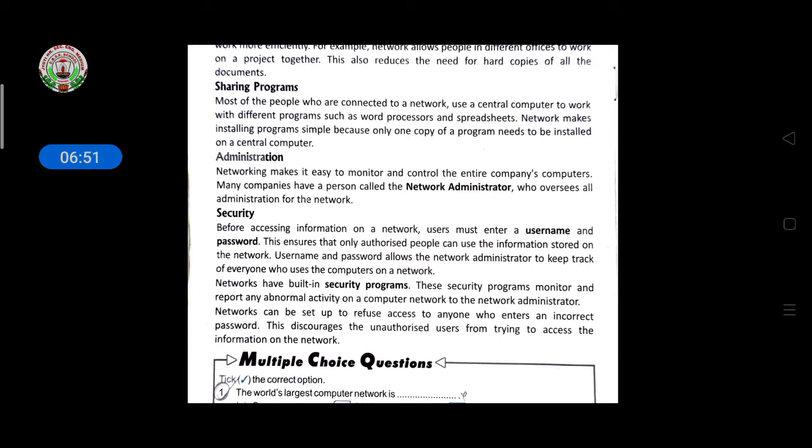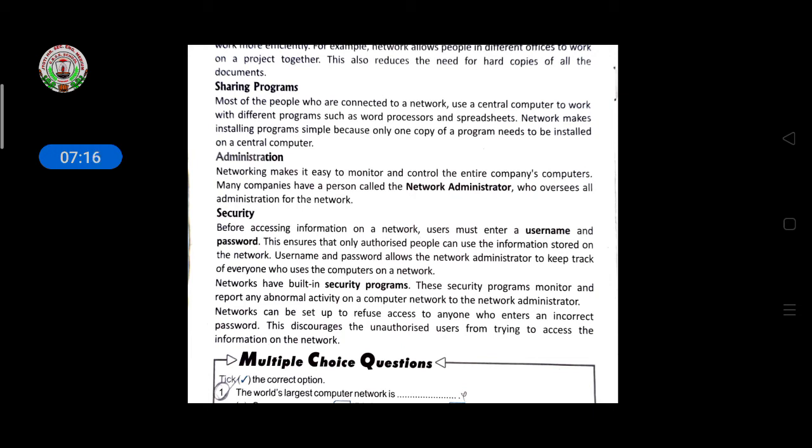Then it is easy for you to keep all the documents at a secured place. And if there is any trustable person, only that person you give your username and password. So it is easy that the information stored in your computer will not be disclosed to any other people.